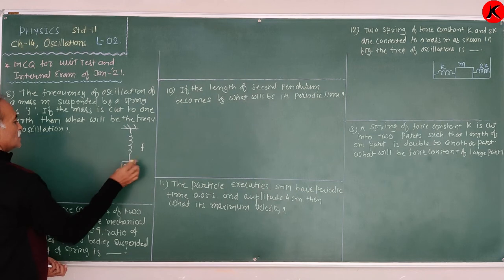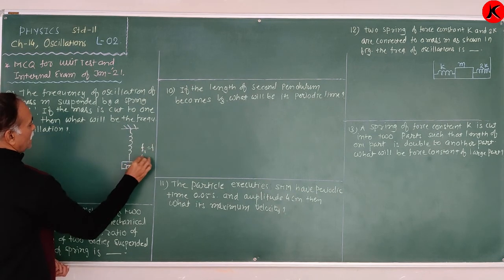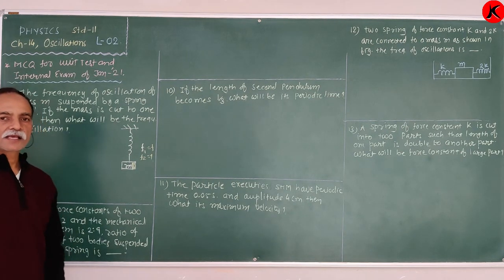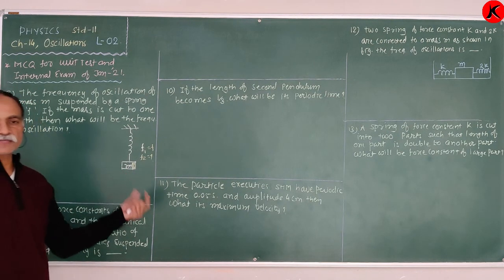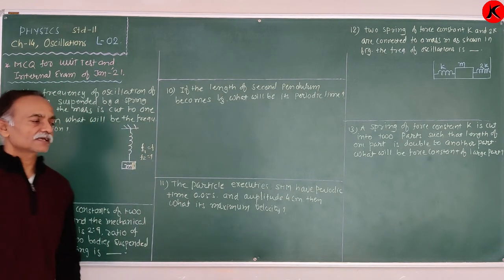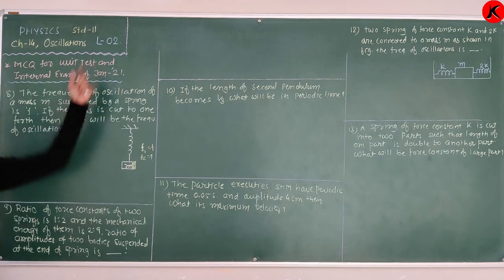What is the new frequency F2 that we have to find out? The spring is the same, but only the mass of the suspended body is reduced to 1/4 of its given mass.